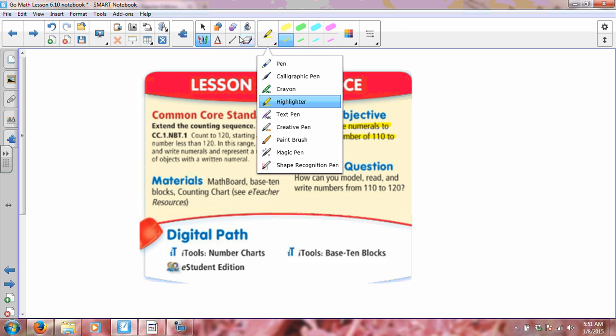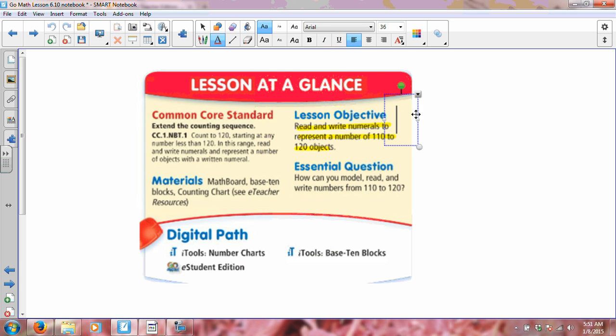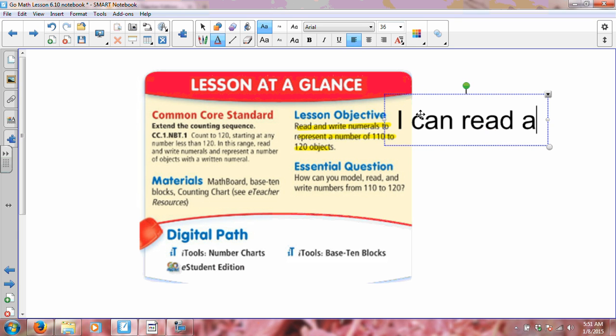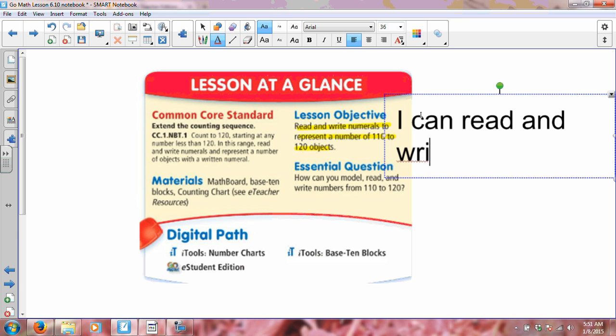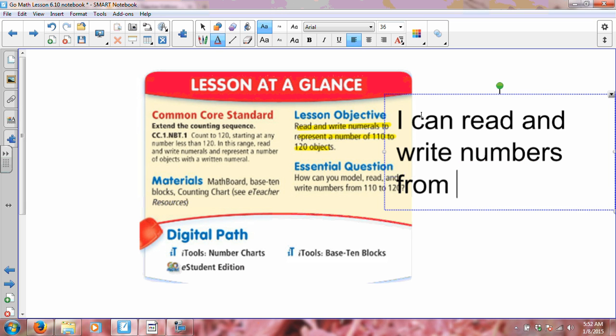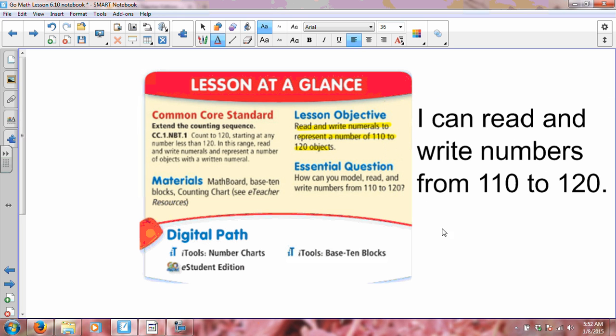So basically what that means is I can read and write numbers from 110 to 120. So that is what we are going to be working on today.